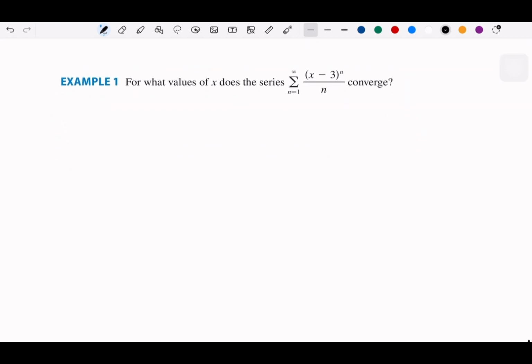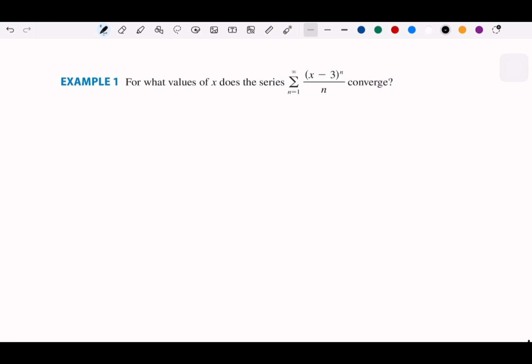I think you can also check the textbook if you have. Suppose that we have x minus 3 to the power of n over n. Usually we deal with x to the power of n, but now we substitute x with something related to x minus a. For example, x minus 3, which means a is equal to 3 now.